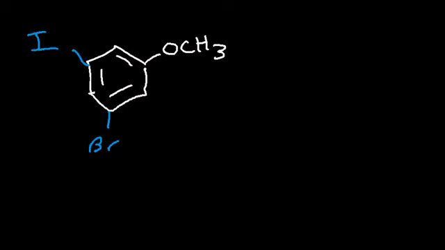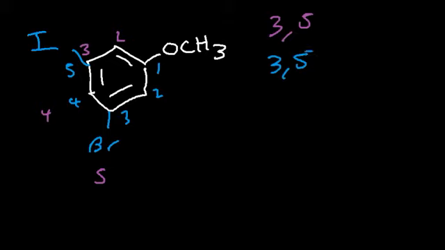Now, if we count it in this direction, 1, 2, 3, we're going to have a 3-bromo and a 5-iodo. If we count it in the other direction, 1, 2, 3, 4, 5, it's 3-iodo, 5-bromo. So either way, we're going to get a 3, 5 going counterclockwise, or if we count it clockwise, it's still going to be a 3, 5. So which is the right way to count it?